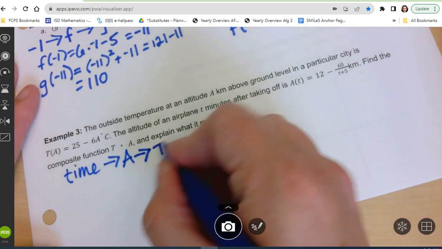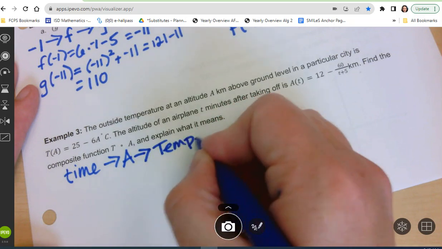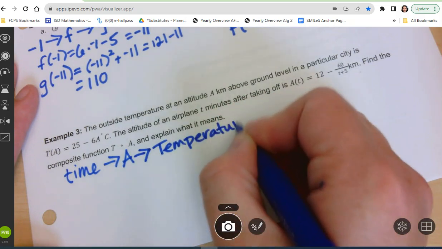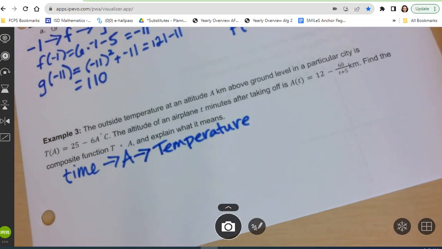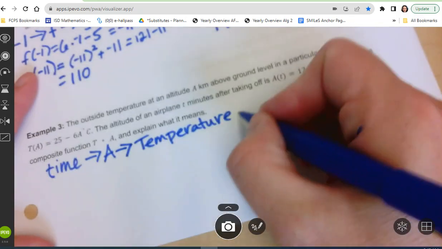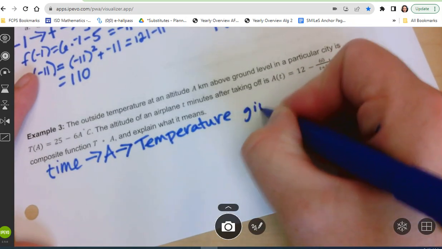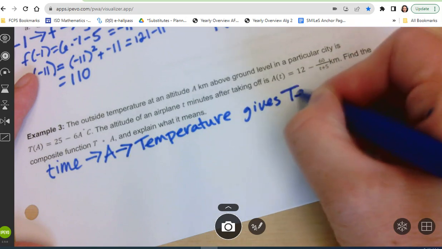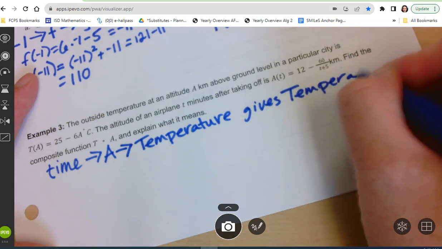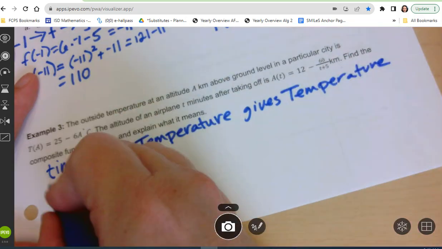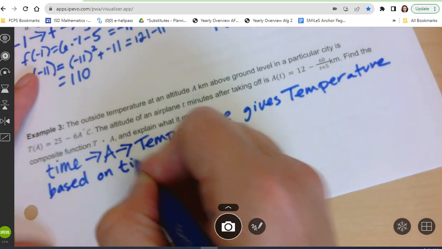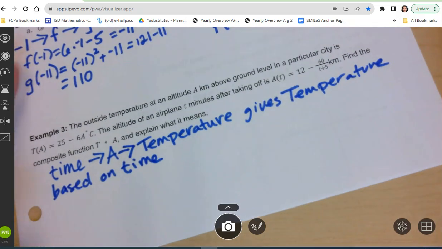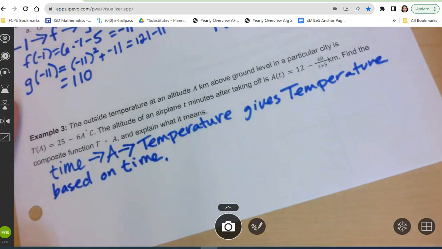Temperature. So what we end up with when we do function t of function A is an input of time and an output of temperature. So it gives temperature based on time. It just kind of takes that altitude out of the equation.